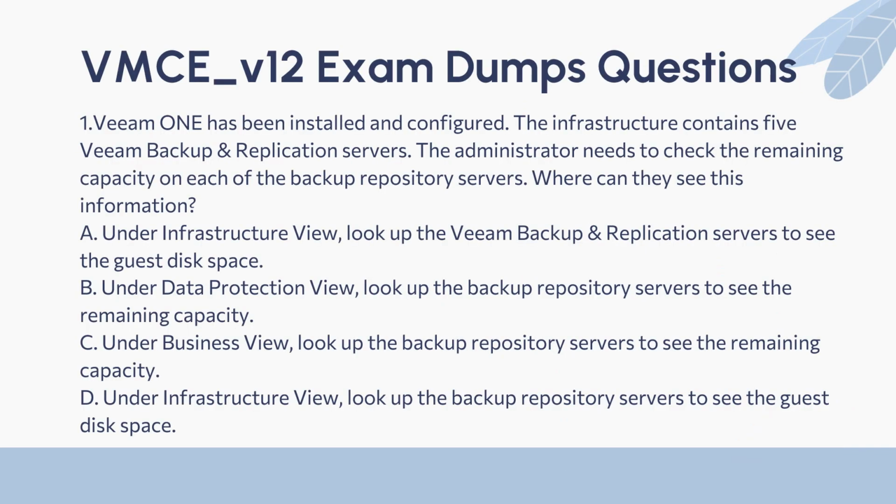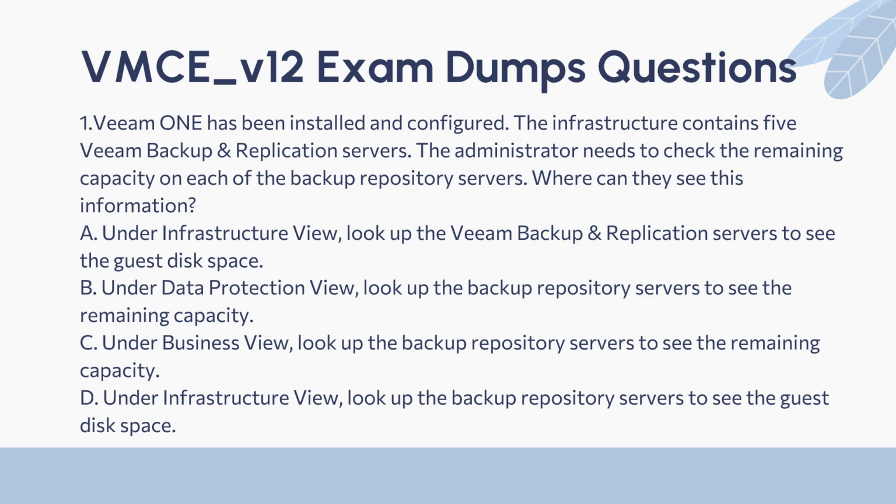1. Veeam ONE has been installed and configured. The infrastructure contains 5 Veeam backup and replication servers. The administrator needs to check the remaining capacity on each of the backup repository servers. Where can they see this information? A. Under Infrastructure View, look up the Veeam backup and replication servers to see the guest disk space.